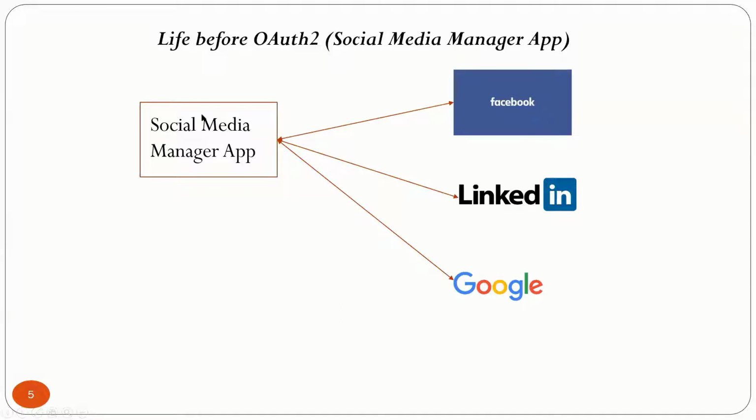And in order to do that, the social media manager app has to store the username and password for each social media it is connected to. So, for example, it has to store the Facebook username and password, the LinkedIn credentials, the Google credentials.